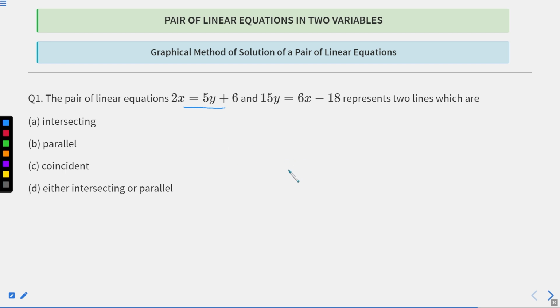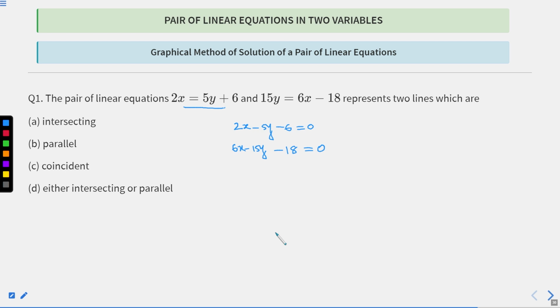Here we can first rearrange this pair of linear equations. If we rearrange them, we get 2x minus 5y minus 6 equal to 0, and 6x minus 15y minus 18 equal to 0.